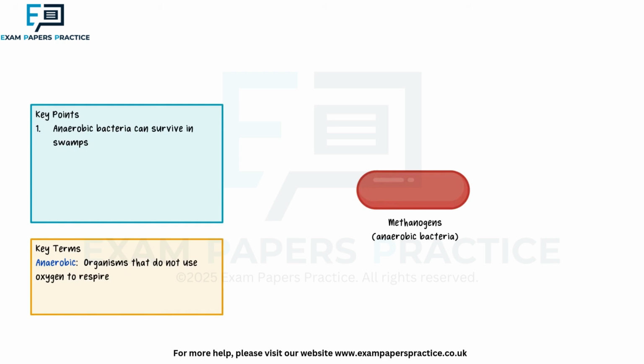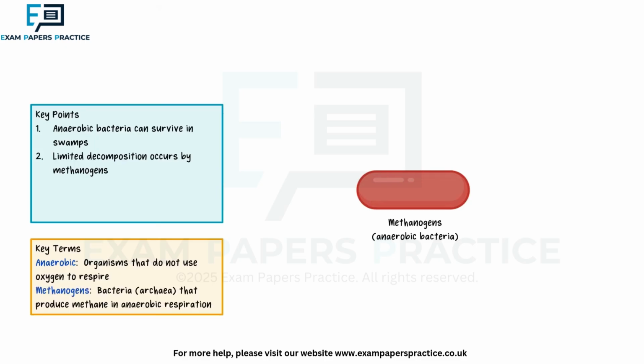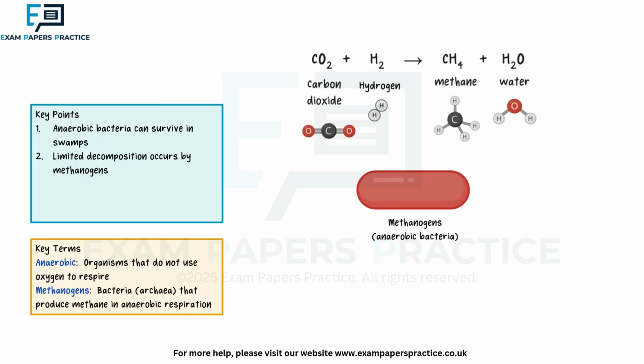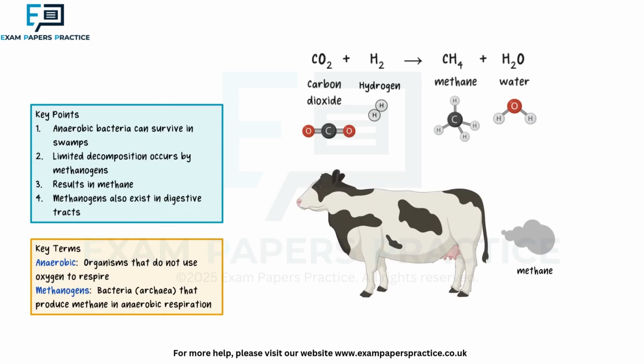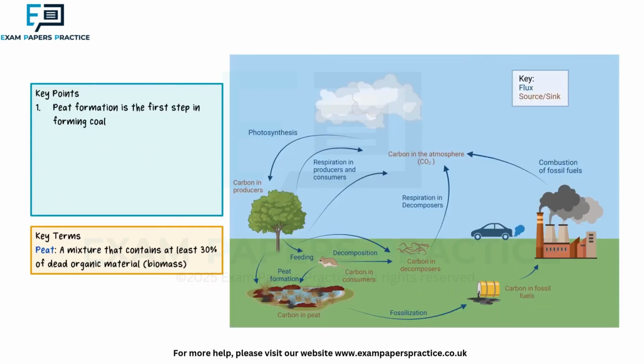Anaerobic bacteria known as methanogens use hydrogen to break down organic molecules and form methane as a byproduct. These methanogenic bacteria exist in both marshes and swamplands, as well as the digestive tracts of animals. Methane is a greenhouse gas and therefore contributes to global warming. Peat formation is the first step in forming coal.